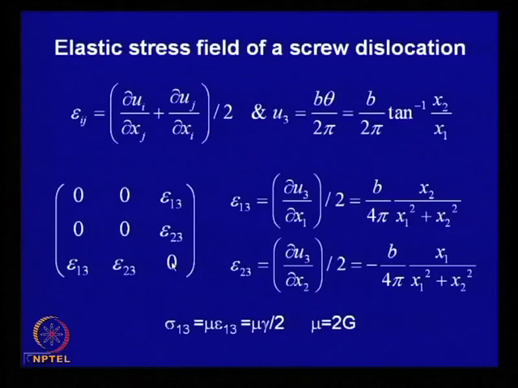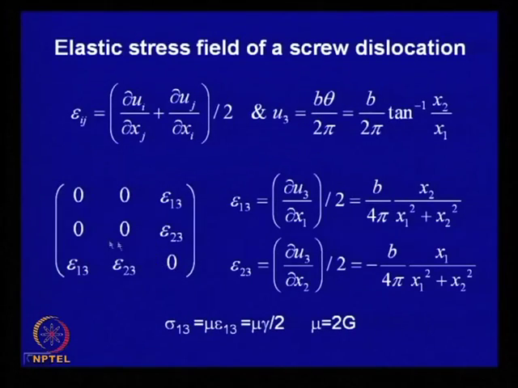This is because there is no displacement, u 1 is non-existing, u 2 is also non-existing, and because of volume constancy, if there is no tensile strain along this axis, obviously there will not be any tensile deformation along the z axis as well.